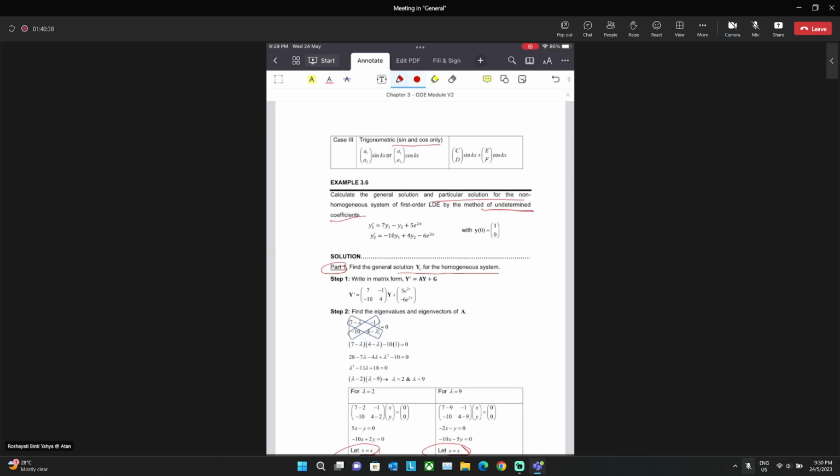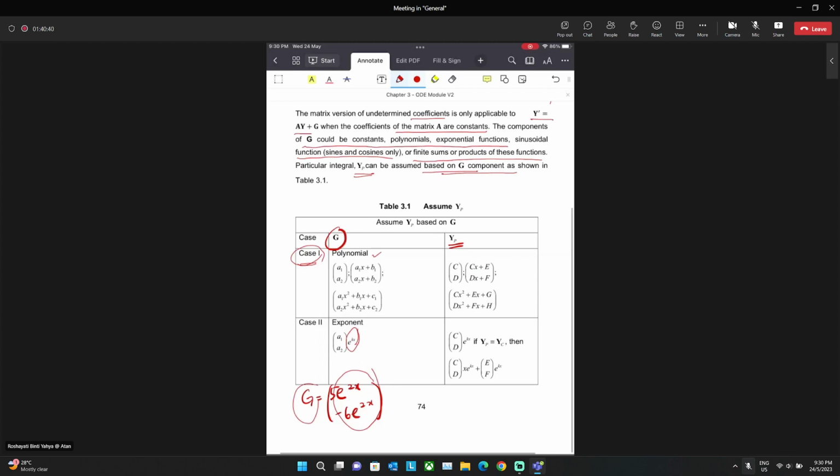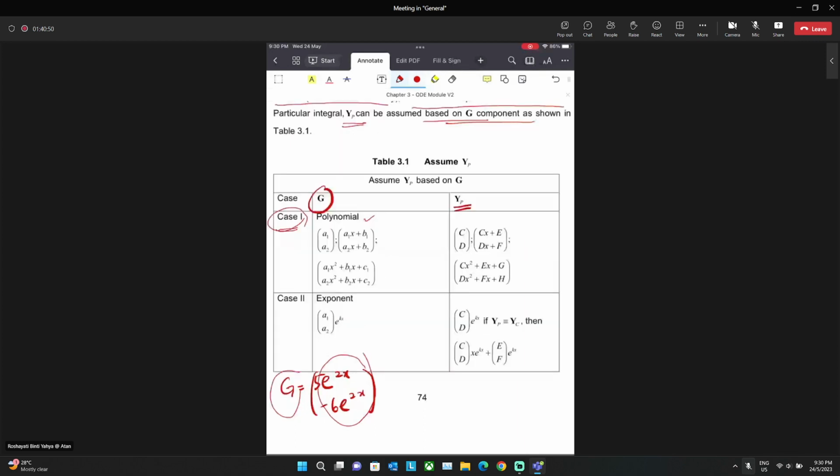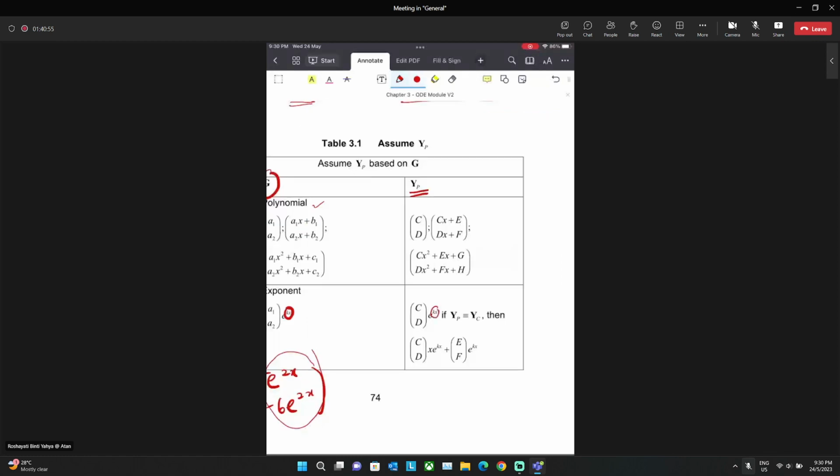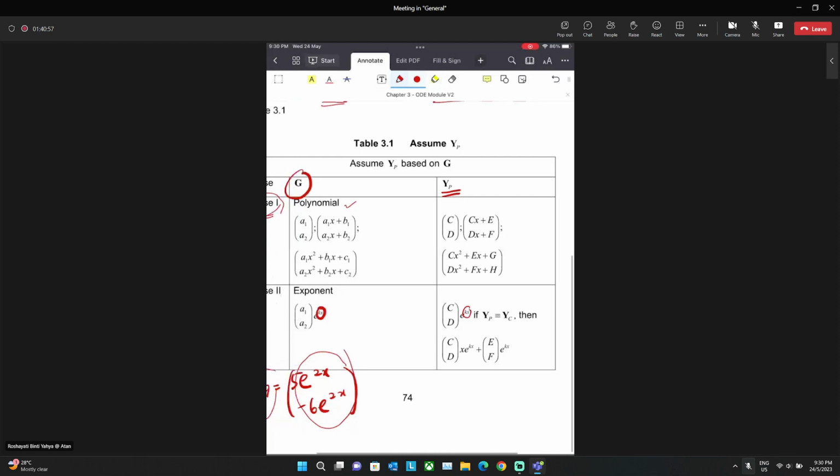Okay, second case, case number 2, exponent because we have exponential here. Okay, exponential. And then look at here. You have kx. K X. Okay. So, and then your assumption for YP also kx. So that here you have exponential 2x. So this be your assumption for YP become CD exponential. You have 2x. So for YP also 2x. Okay.